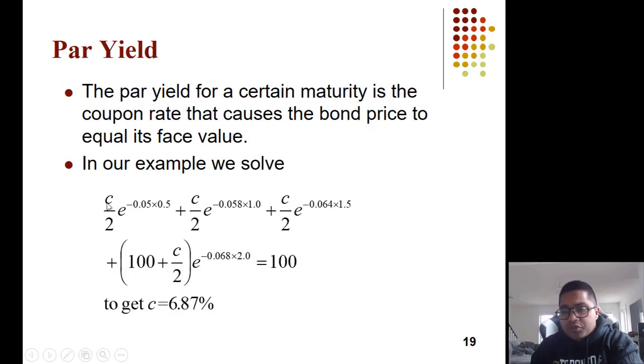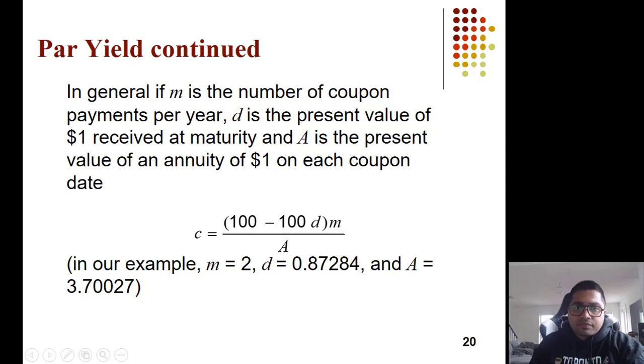In this case, you have to do it by trial and error, and if you solve it, it should be 6.87. Solving these questions is not part of your syllabus because it has to be done by trial and error. You just have to remember that par yield is nothing but the coupon rate you receive when a bond is issued at par and it is discounted using zero rates.